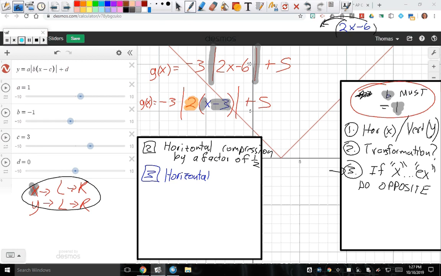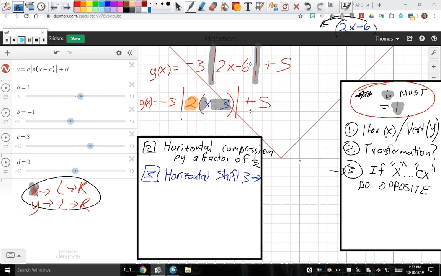Compressions, remember, compressions and stretches multiply because it's like multiplying to that form of 1, remember? And then shifts do what? They add and subtract because they're sliding, right? Just shifting over. So it's going to be a shift. Yep, horizontal shift. Which direction? Nice, because you interpret the opposite. 3 to the right.